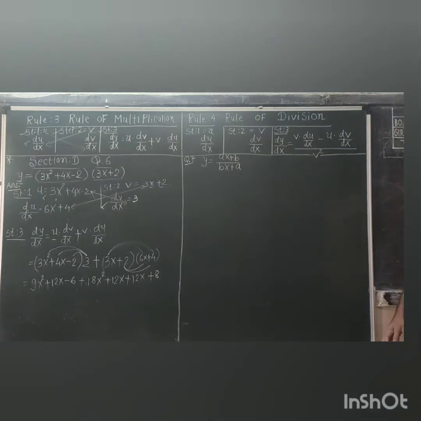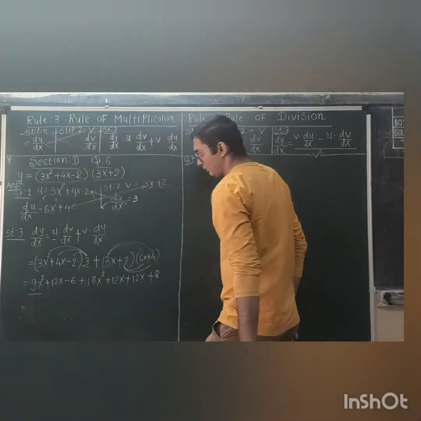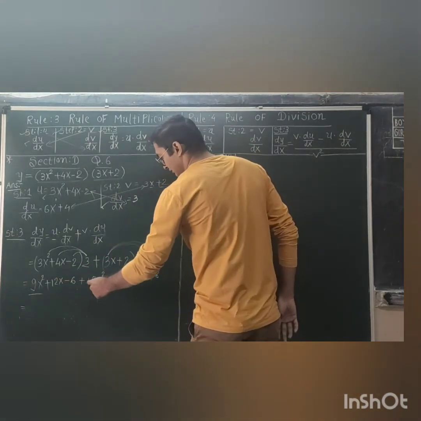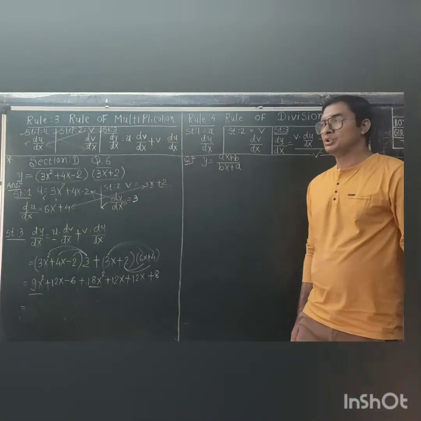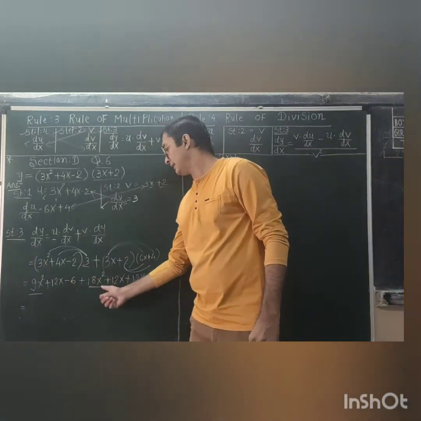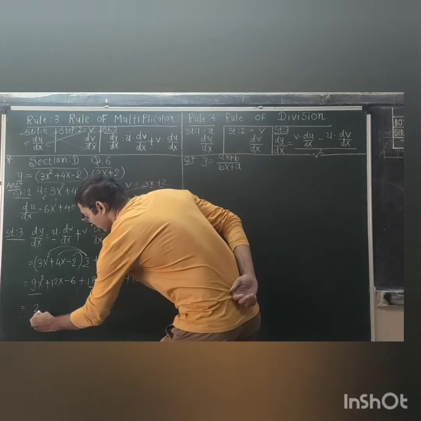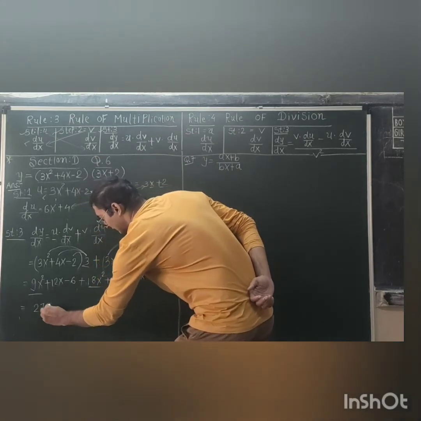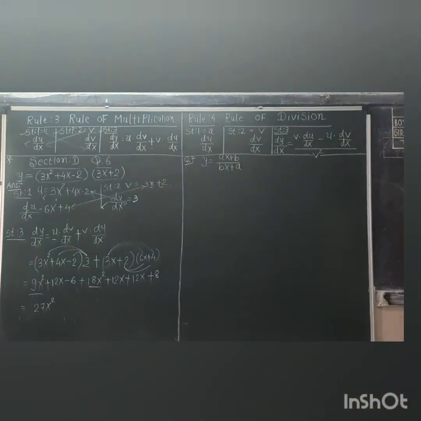So now the final step is, here it is 9x square and anything having x square, 18x square. So 9 plus 18 becomes 27x square. Got it?